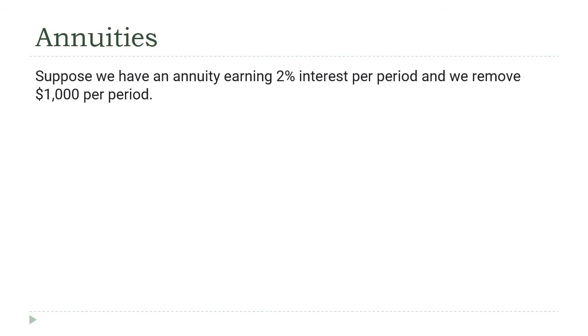All right, so we're going to start with a specific example here. Suppose we have an annuity that earns 2% interest, and where we take out $1,000, and we're assuming that these are both done on the same schedule, every month, every year, some consistent time frame. Well, we kind of know how to model this sort of situation. The interest is the change in the principal, how much the investment increases by, and this is going to equal 2% of the current investment.